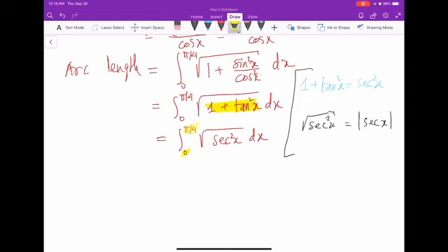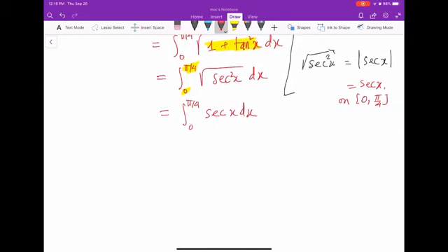And on this interval, all elementary trig functions are positive, like tangent, cotangent, secant, cosecant, sine, cosine. So in this situation, I can write that is just integral from 0 to pi over 4 of secant of x dx, because secant is positive in this case, right? Equal to secant of x. I write here on 0 to pi over 4.